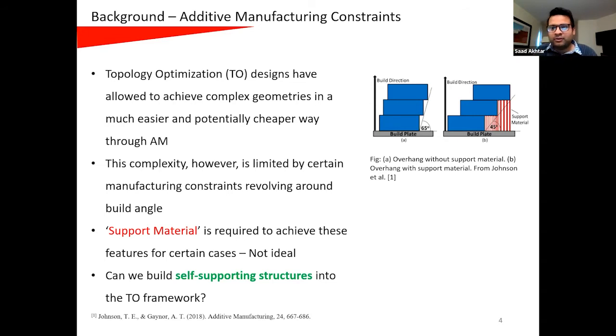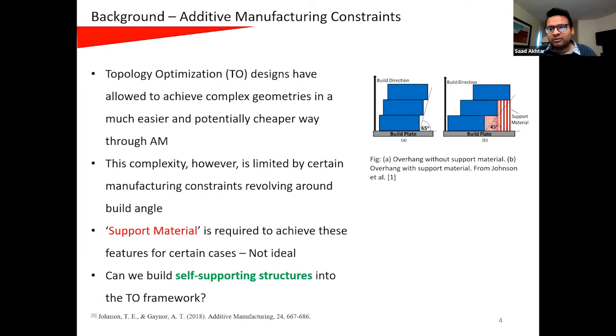But if you want to go below 45 degrees, like the part on your right, which is right at the threshold, if your part has features that are more pronounced than that, then gravity might act on this part and warp it in a certain way, and it may reduce the quality. It can cause some distortions. There are thermal stresses too that can act at this angle, and that can also cause distortions within the part.